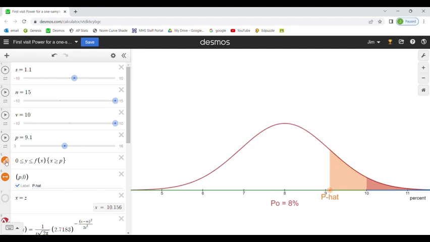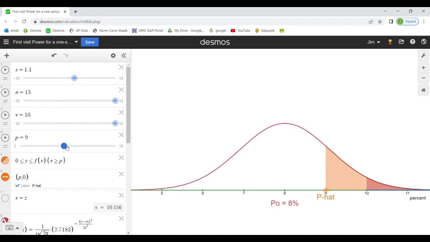Let's just make it exactly 9%. So let's say our sample of potatoes comes up with a p hat of 9%. So what's the probability that this would happen, or a blemish rate higher than 9%, in our sample when the true blemish rate is really 8%?